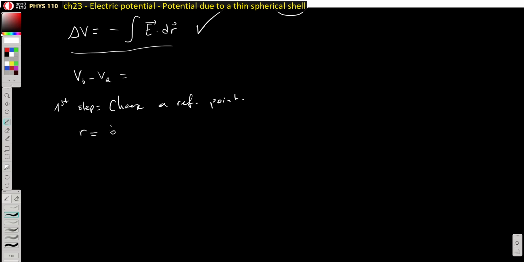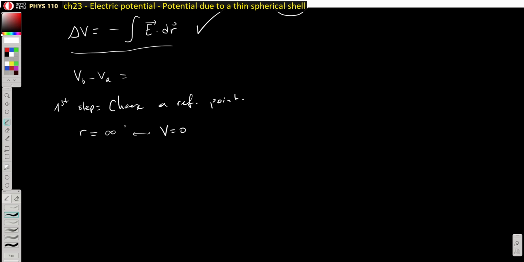For at least a point charge, we have used the convention that at infinity the potential is equal to 0. So I'm going to follow the same convention too.